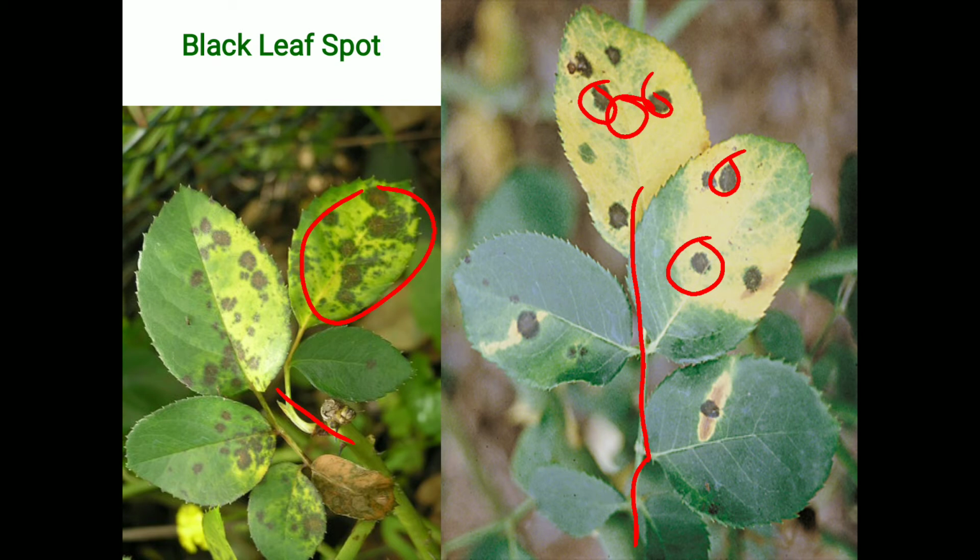So we can do regular pruning. Then we can spray the crop with copper oxychloride at 0.2% or difolatan at 0.2%. If that fungicide is not available, we can spray chlorothalonil at 0.2% or mancozeb at 0.2%. These fungicides are recommended for the control of this disease.